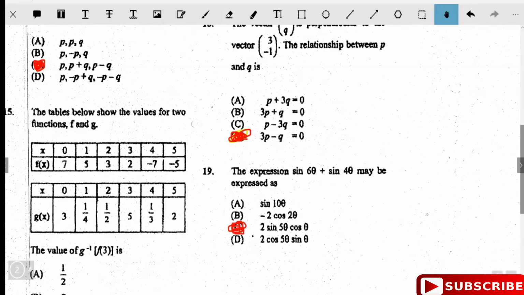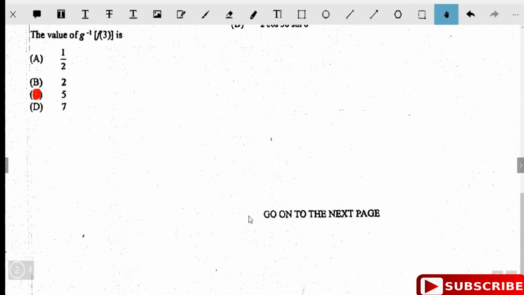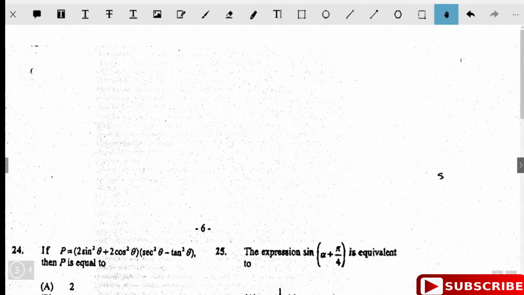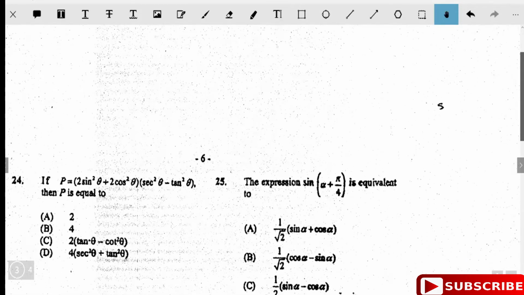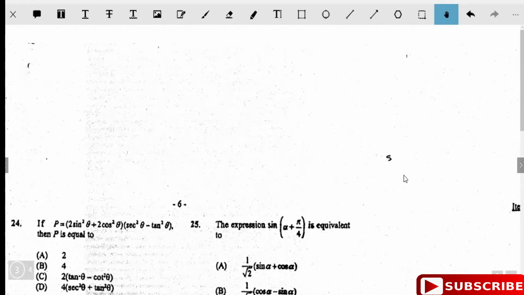All right, that's question 19. Now we're at question 20. Where's question 20?